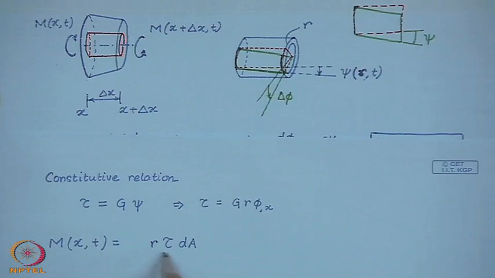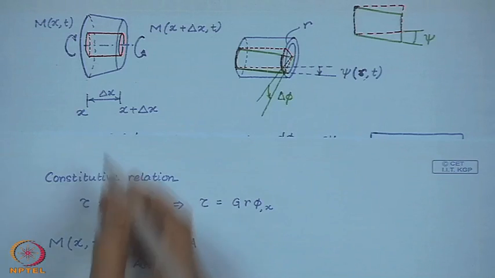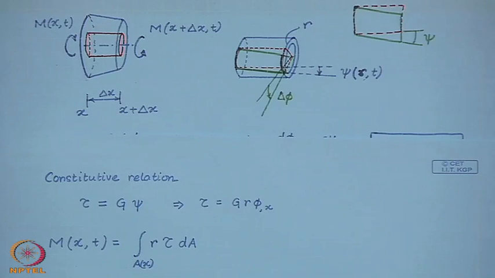So, arm times this shear force. That will give us the moment, the torque. Now, if you integrate this over the full face, then you get the total torque on this face of the bar.